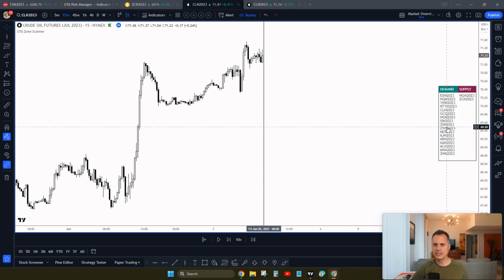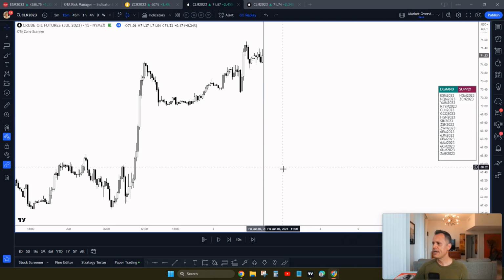And as the trend is changing, you'll see all the contracts populate on the scanner. It's really cool to watch, and it will help you get a better understanding of the context of the trade. Taylor Frame, Tom Jenkins, they're always talking about getting better at understanding the context of the trade. OTA TradingView Tools will allow you to do that in a very visual way.